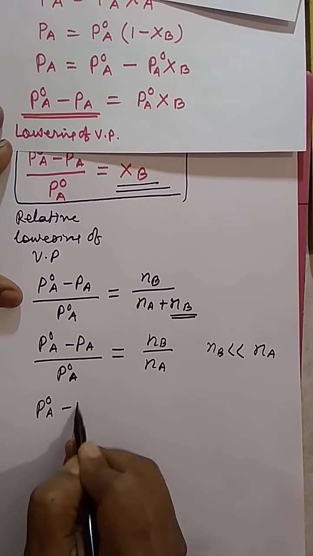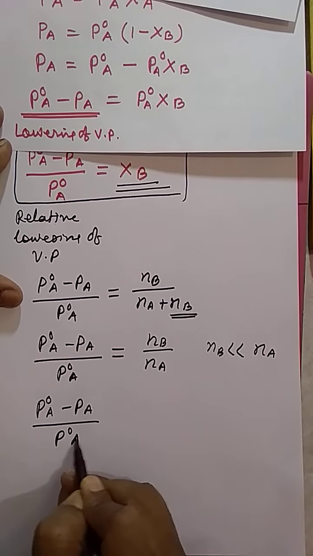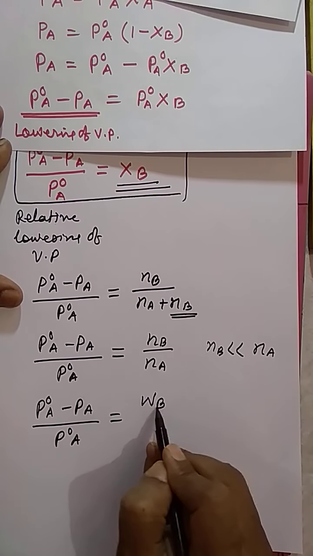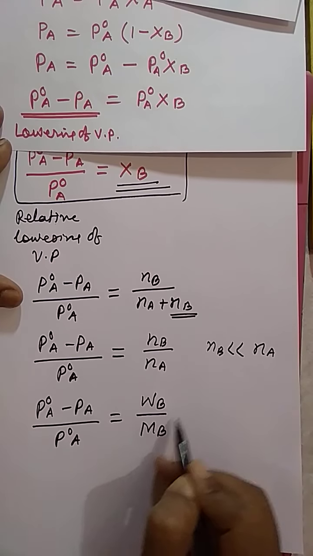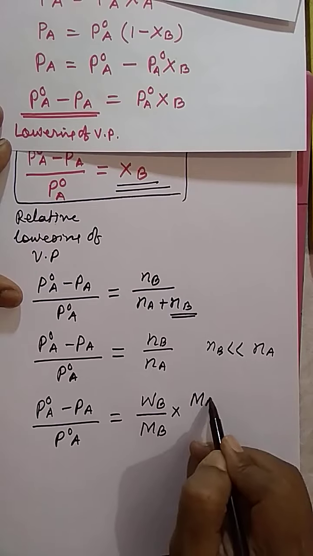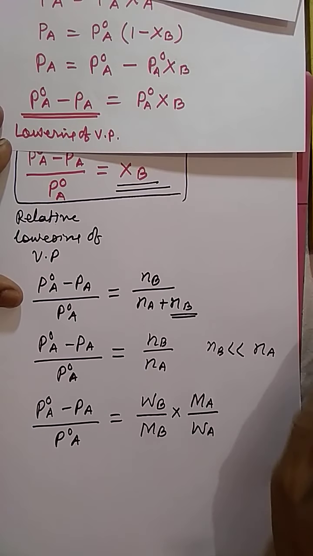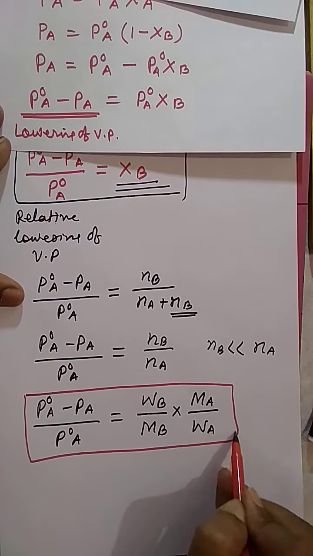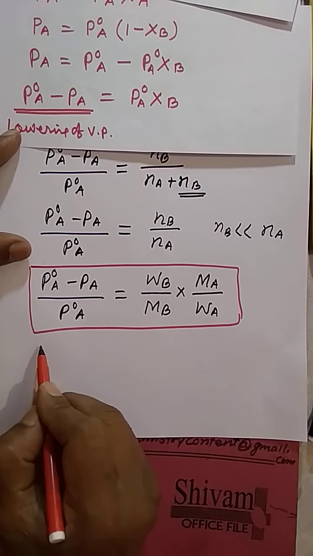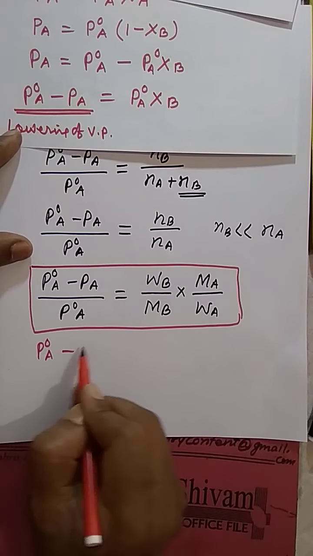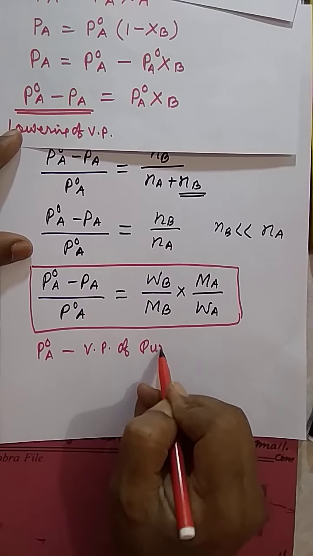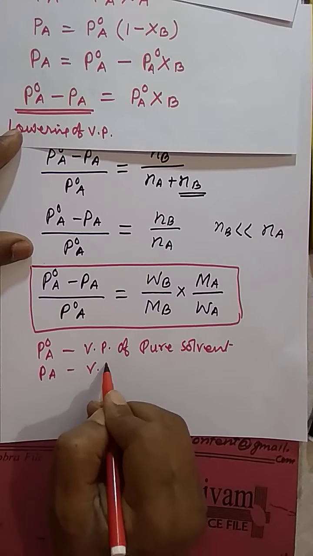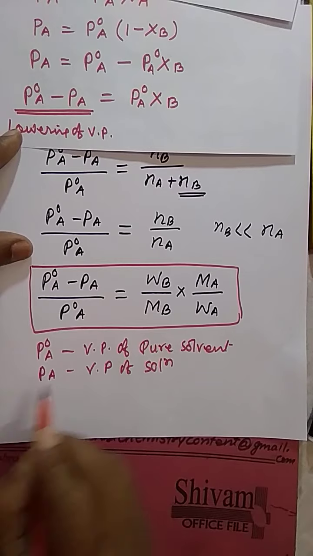This is P naught A minus PA upon P naught A, this is equal to NB. You can write in the form of weight and molar mass, WB upon MB into MA upon WA, where these terms have usual meaning, as for example P naught A, this is vapor pressure of pure solvent. PA, this is vapor pressure of solution.